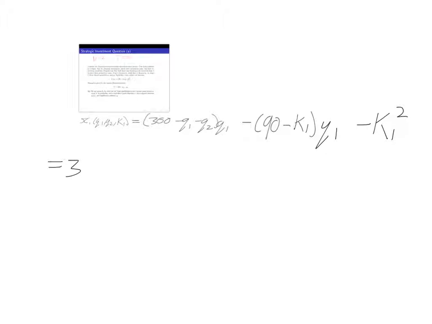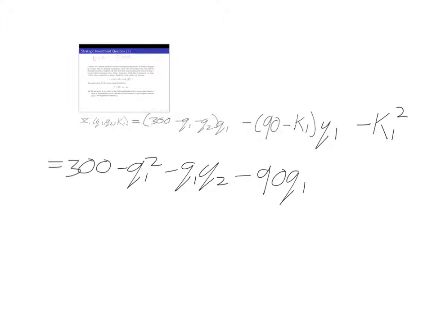And then again, that's a minus. It's a minus because it's, yep, cool. Then we expand it out, and it becomes 300 Q1 minus Q1 squared minus Q1 Q2 minus 90 Q1 minus K1 Q1 minus K1 squared.